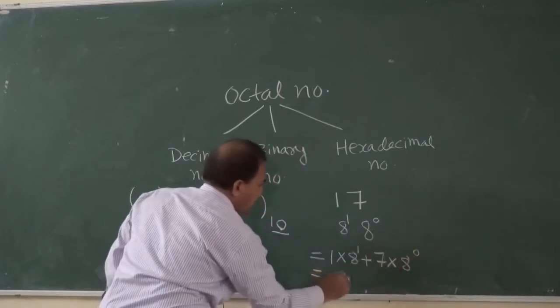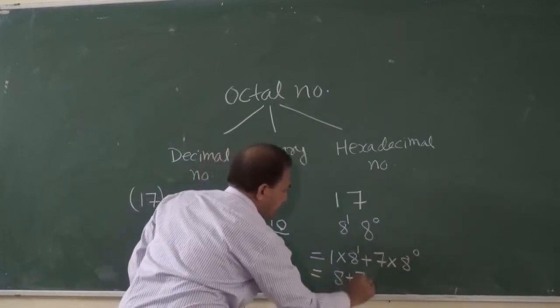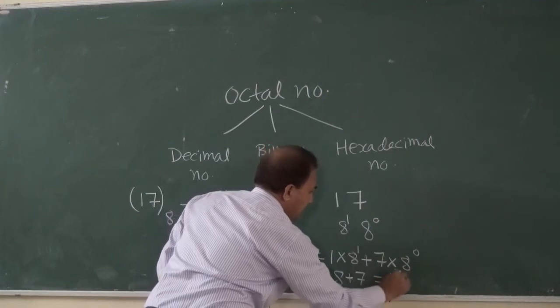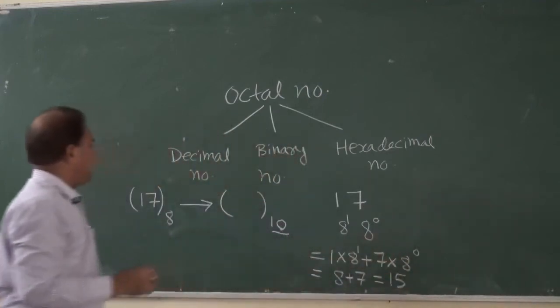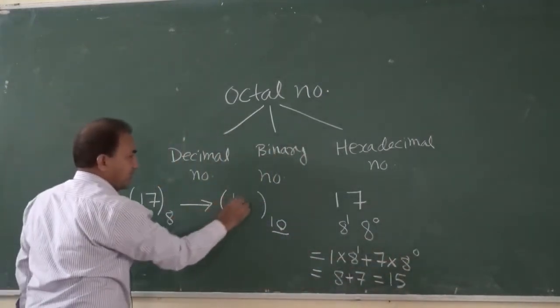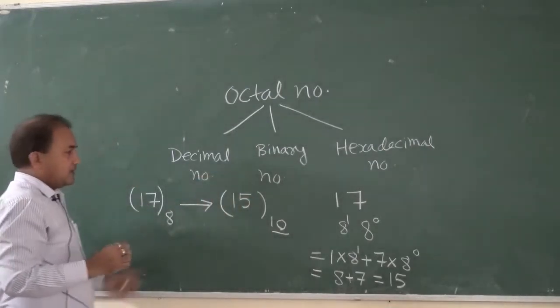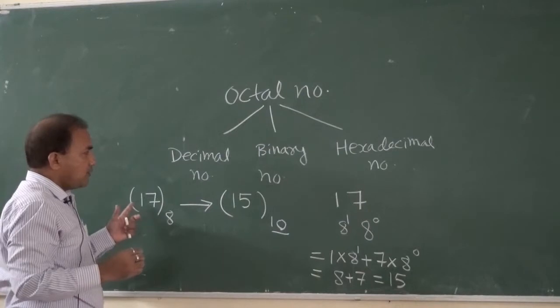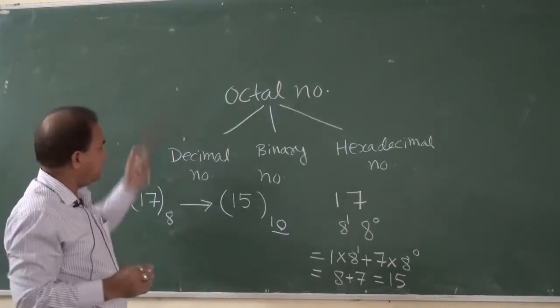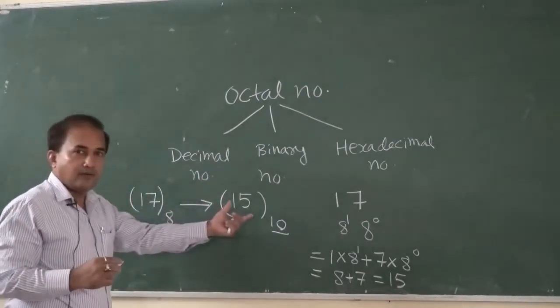So it is equal to 8 plus 7, which is equal to 15. So in this way we can convert an octal number to a decimal number.